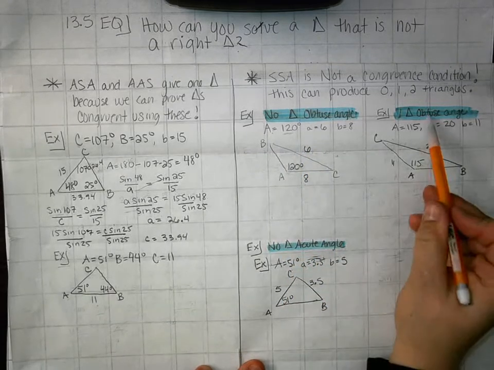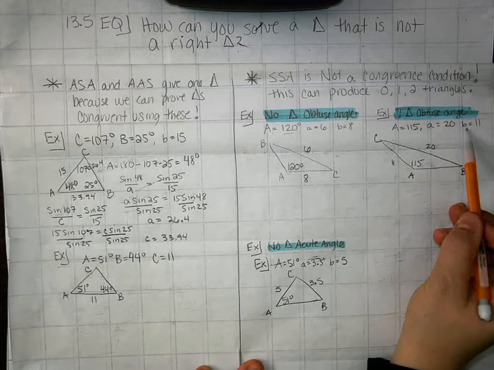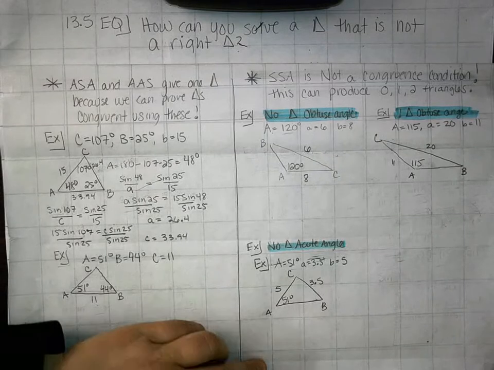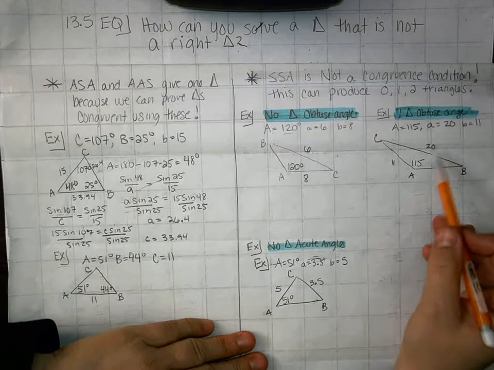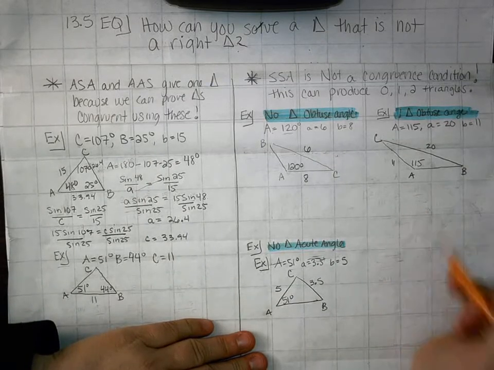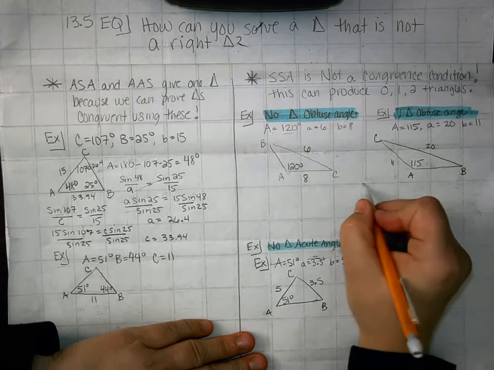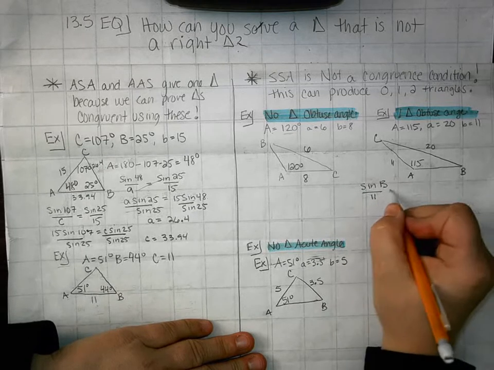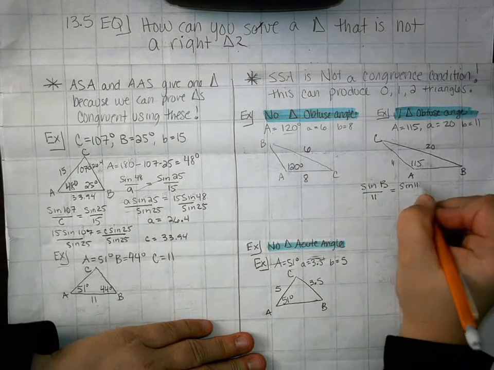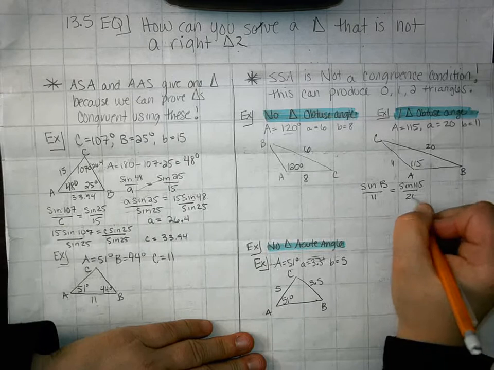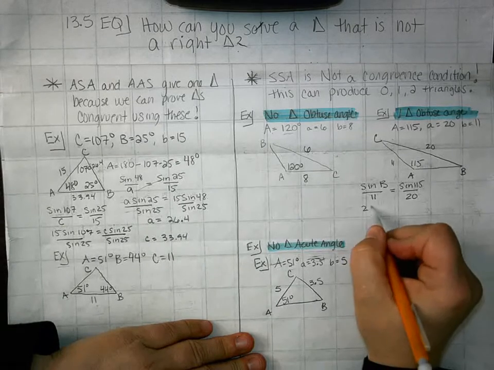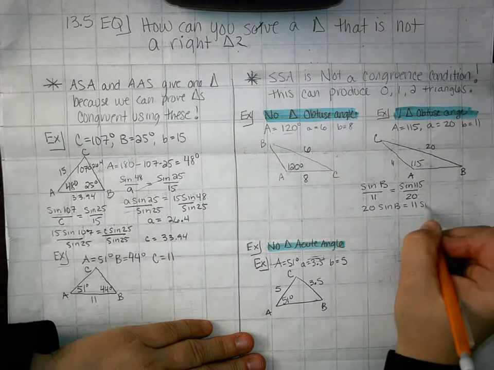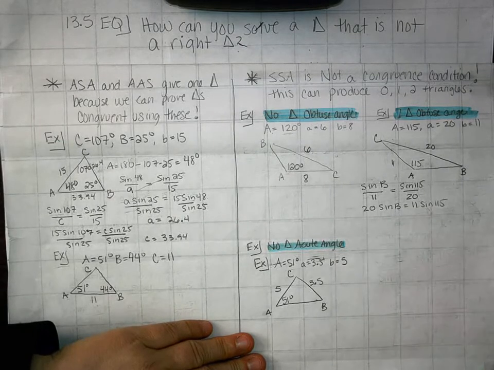If you're given an obtuse angle and A is greater than B, there's exactly one triangle. So we're going to solve for that one right now. Now notice we're given two sides and one angle. So I have to solve for an angle, and it's going to be angle B. So I'm going to do the sine of B over 11 is equal to the sine of 115 over 20. When I cross multiply, I get 20 times the sine of B is equal to 11 times the sine of 115.